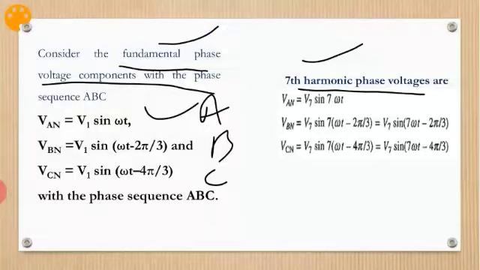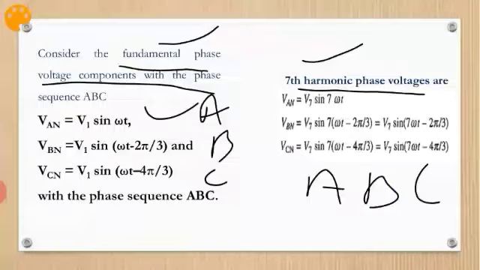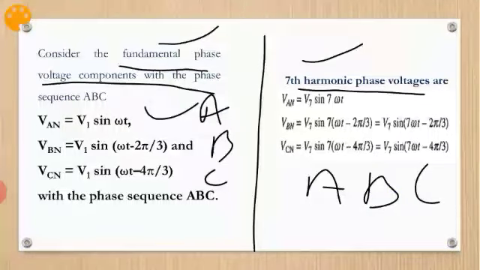Comparing them, this harmonic has the phase sequence ABC, which is the same as that of the fundamental. The seventh harmonic phase sequence is A, B, C, and the fundamental components are also ABC, hence it is a positive sequence harmonic.